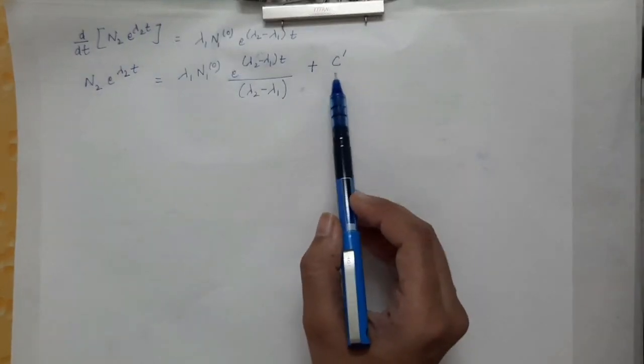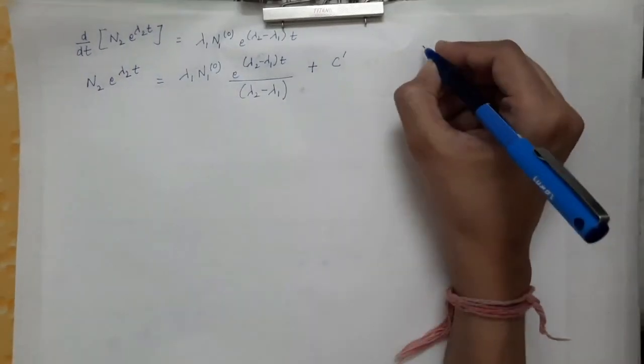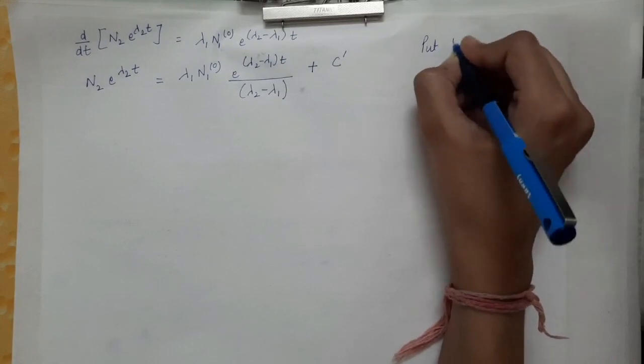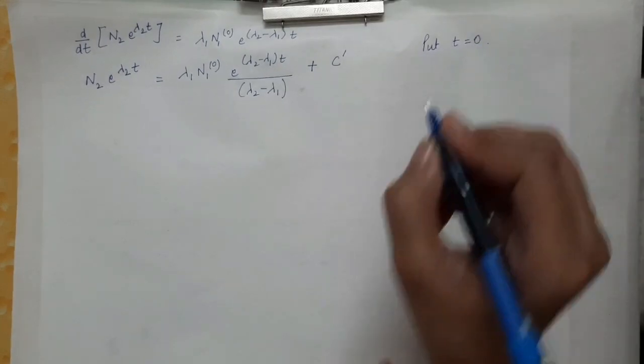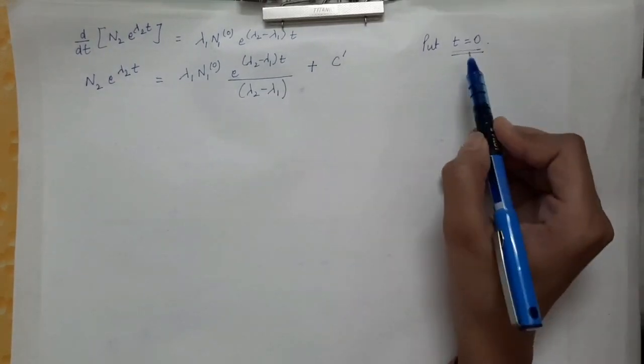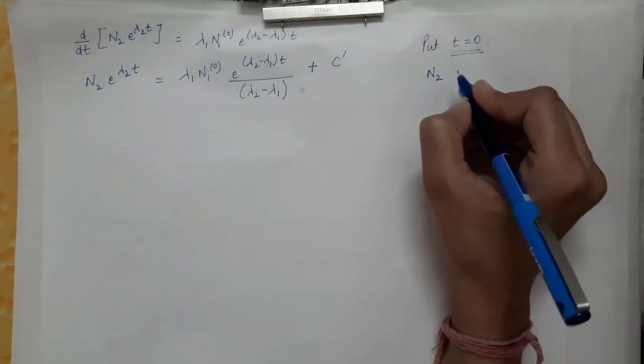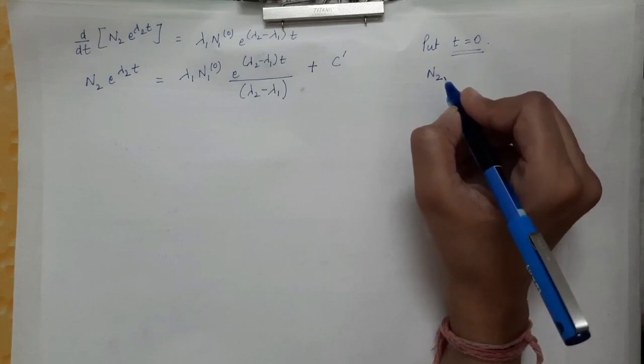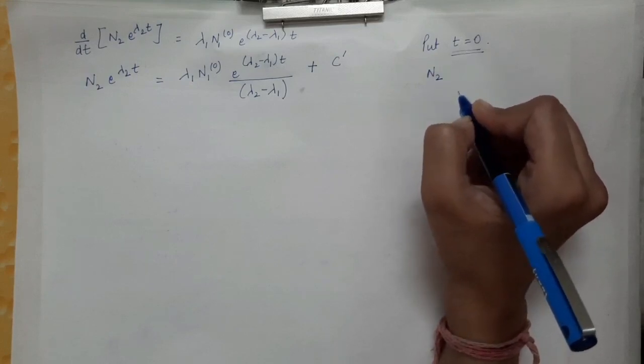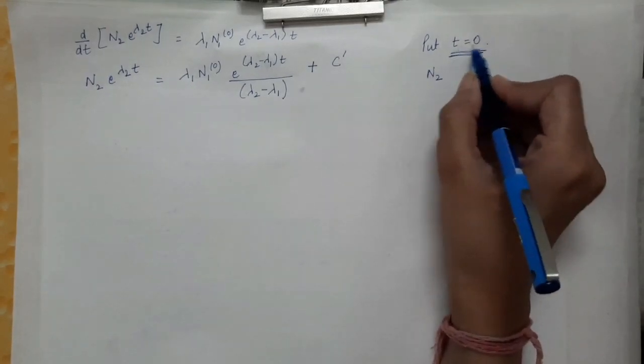This constant can be found by putting time t equal to 0. So when time t equal to 0, what is n2? N2 is the number of daughter nucleides which are present at any time t. So we are talking about time t equal to 0.